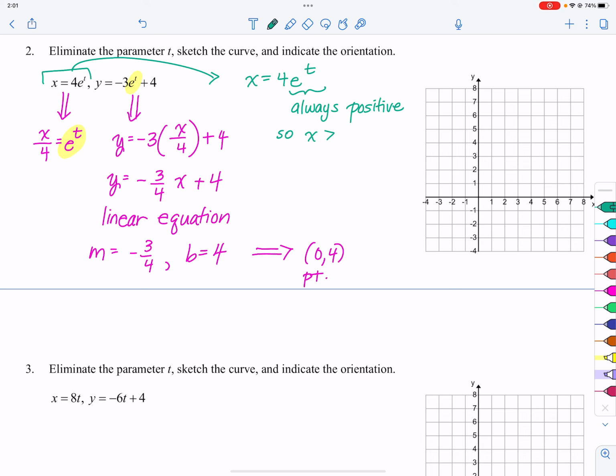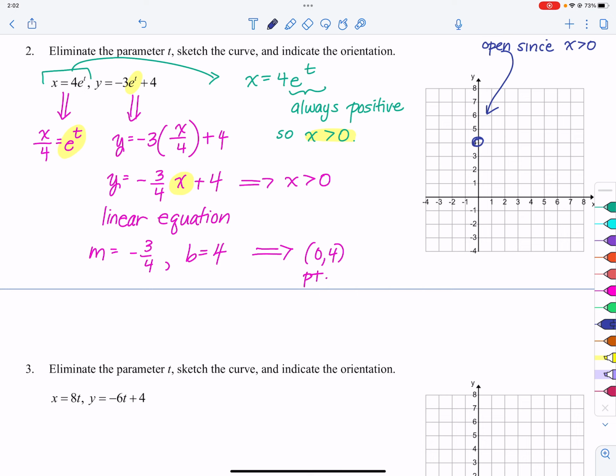So x always has to be a positive number. So we have that x has to be greater than 0. So that leads us to an open circle here, since x has to be greater than 0.